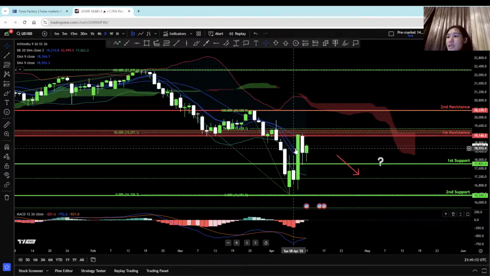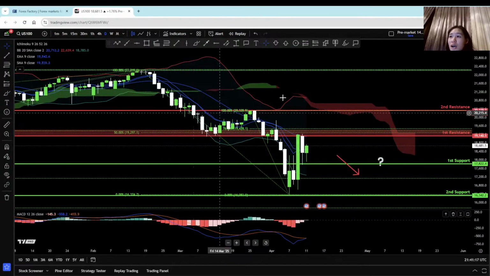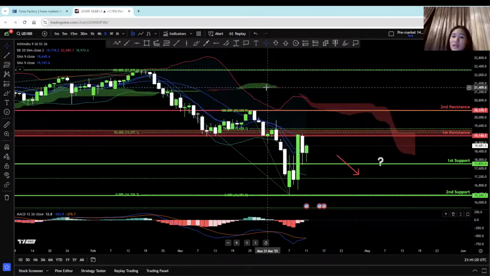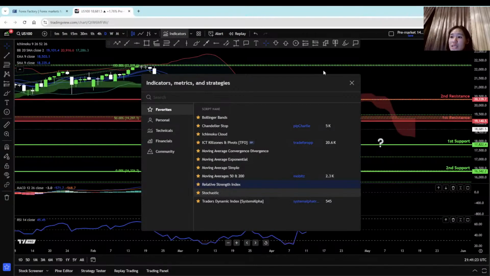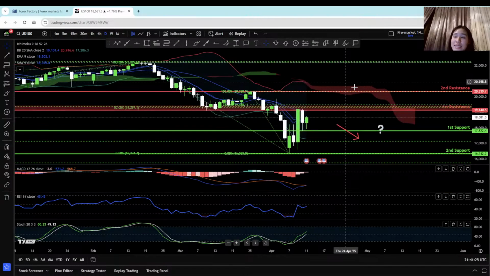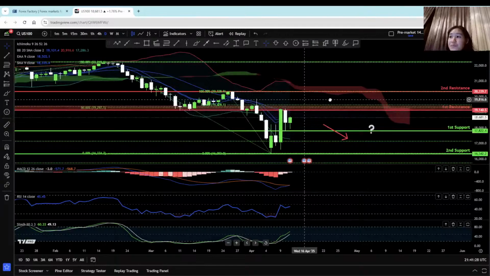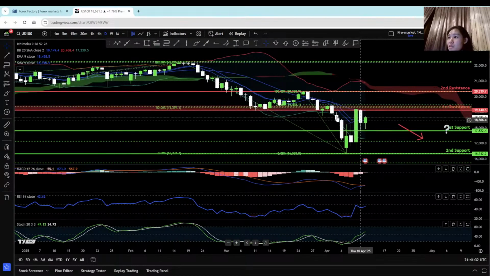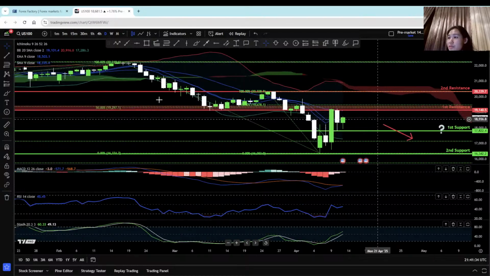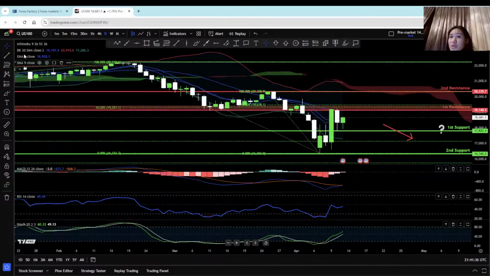Our moving averages use the moving average. Ichimoku tells us the trend, and later on when we use RSI and stochastic, these are both momentum based indicators. But feel free to use whichever other indicators you want.